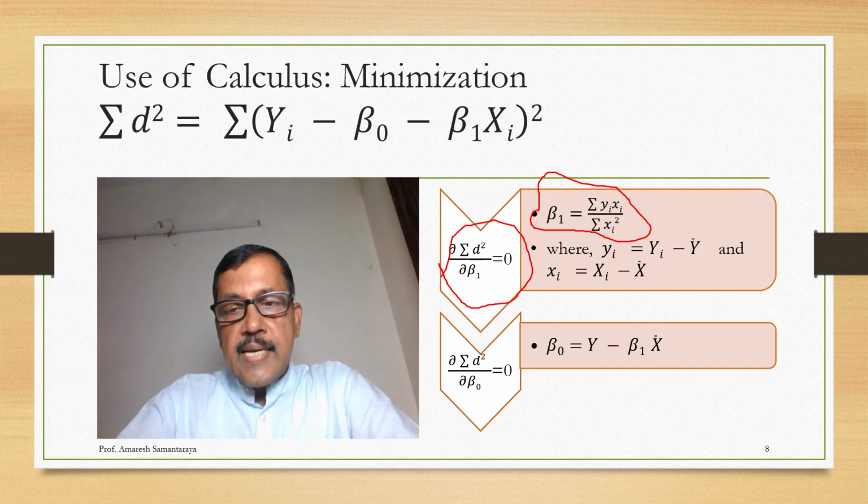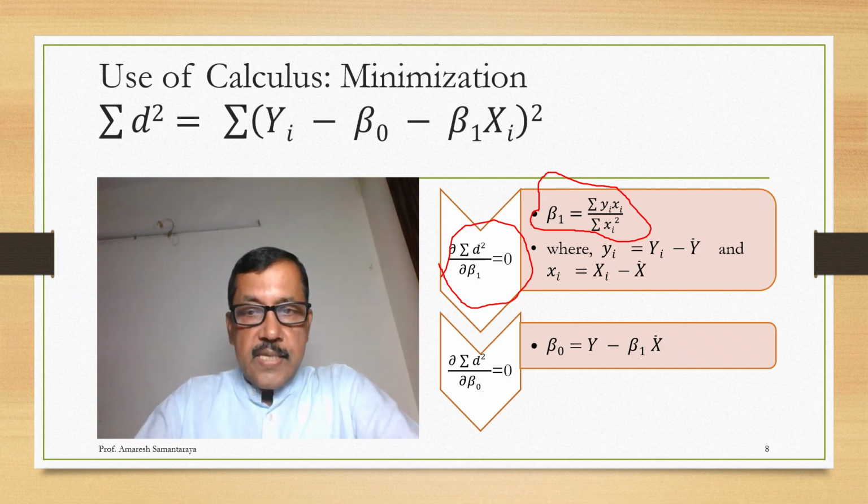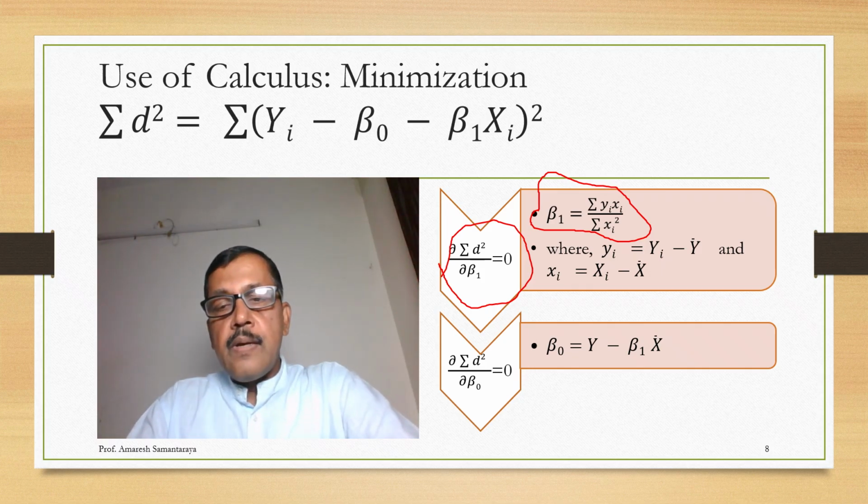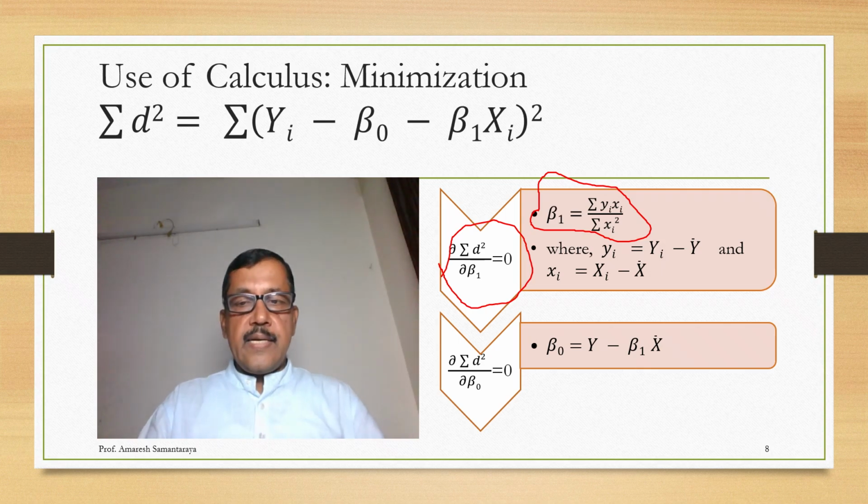Here y and xi are in lower case, and the definition of lower case is given here. So lowercase yi is equal to yi minus y mean. Here y bar actually. The y mean in the second term on the right hand side is y bar, which is basically the mean of yi. See, let me explain.